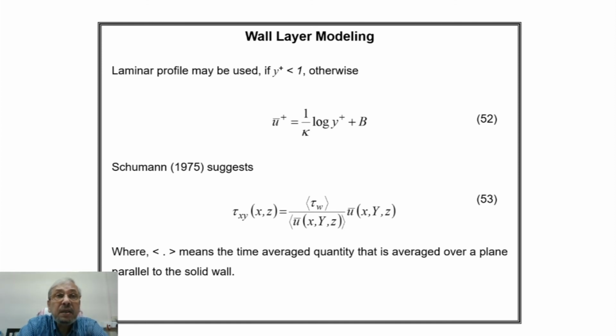Now we have come to the wall function treatment to apply the boundary condition at the wall. In the case of LES, a laminar profile may be used if Y plus is small, since the grid size is very small; the grid has to resolve in such a way that the near wall grid point has Y plus less than 1.